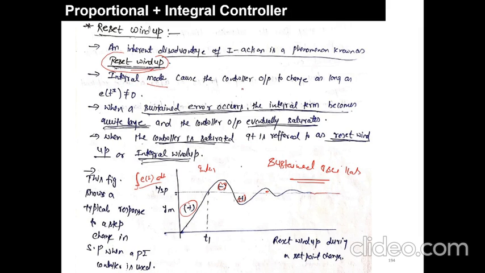Integral mode causes the controller output to change as long as the error is not equal to zero. Until the error is zero, the integral controller continues. When a sustained error occurs, the integral term becomes quite large, very very large, and the controller output saturates.